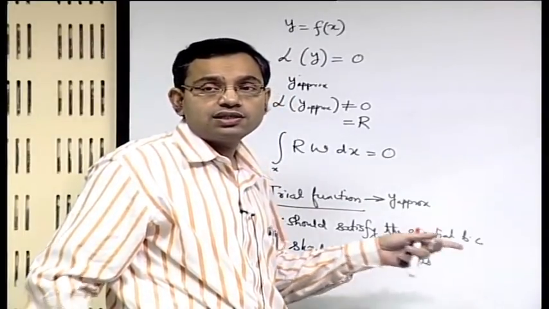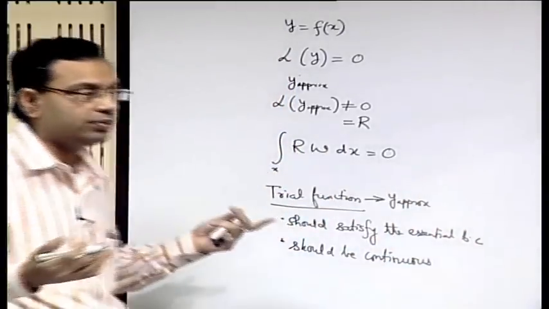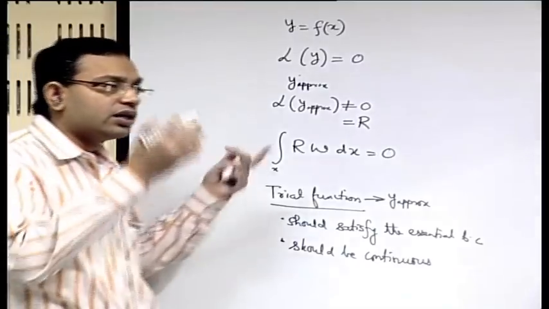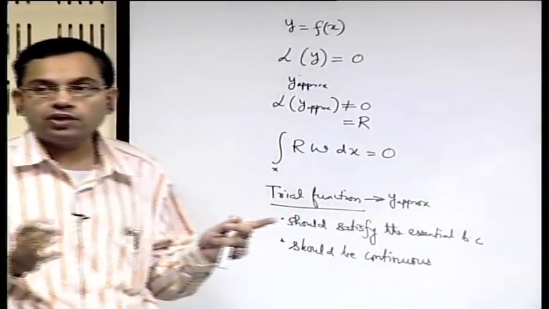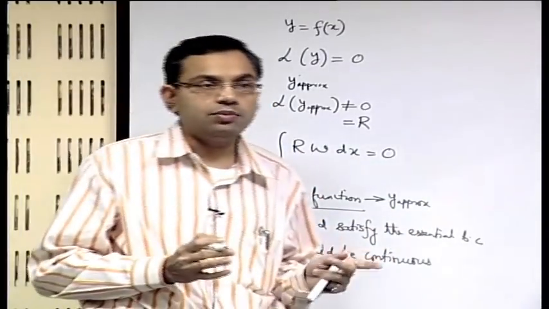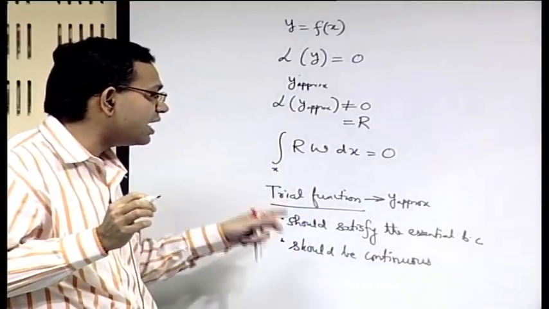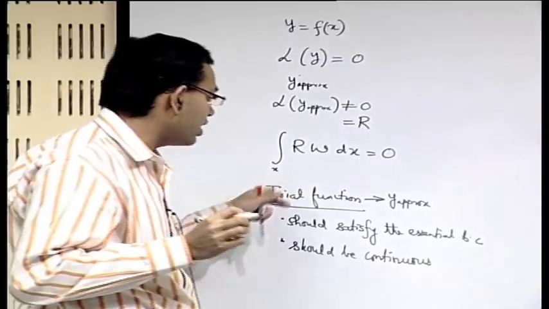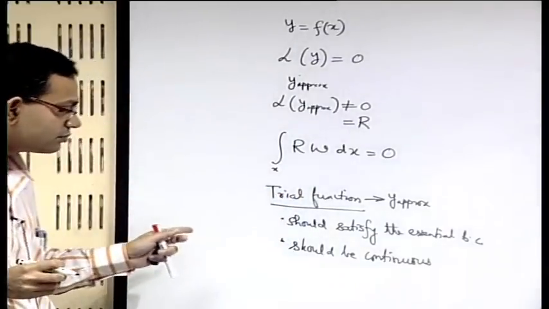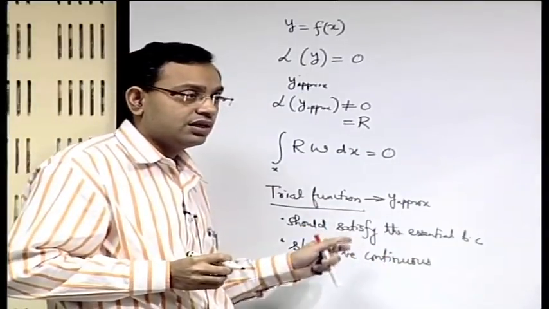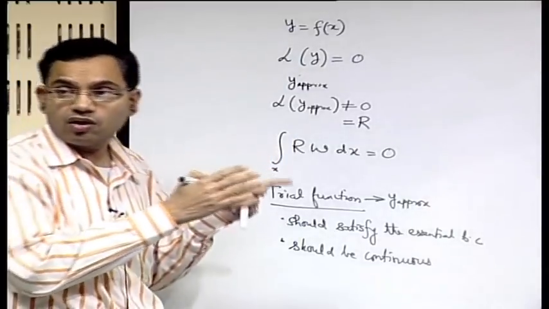Essential boundary condition is basically the value of the variable for a second order problem, as an example. For higher order problems it can also be the derivative. We have seen earlier through the variational formulation what we mean by essential boundary condition, and the choice of the trial function should be such that it satisfies the essential boundary condition. It should be continuous over the domain of definition of the function.